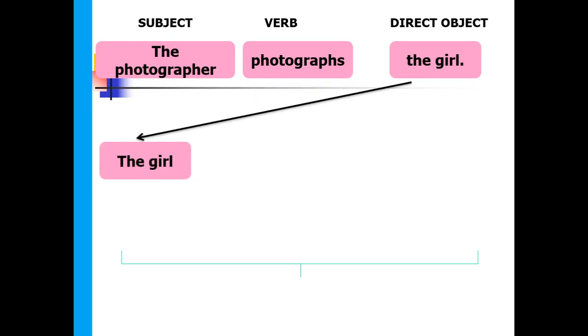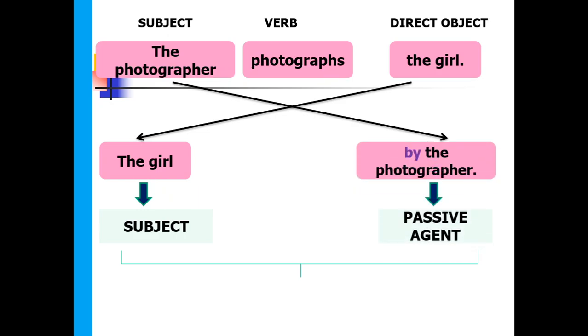Now, when we try to transform this sentence, direct object comes at the first position in the sentence, and this direct object now becomes the subject of the sentence. Then, the subject from the previous sentence becomes passive agent, and the verb photographs is transformed from active into the passive, is photographed.